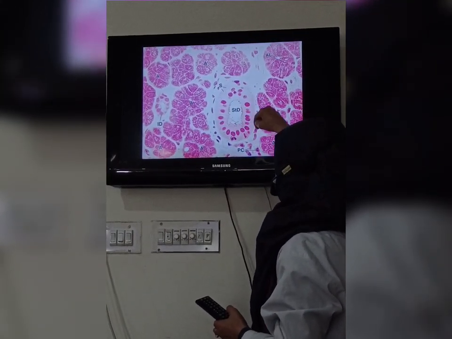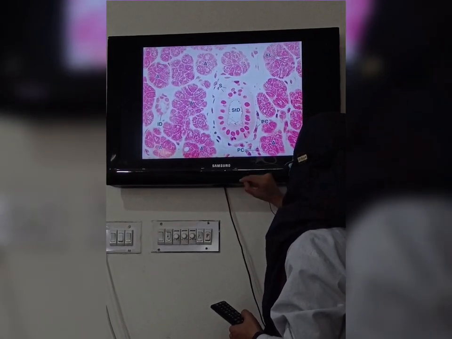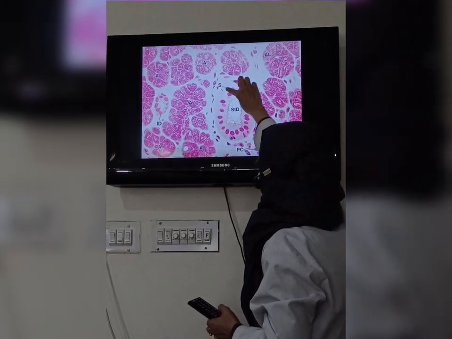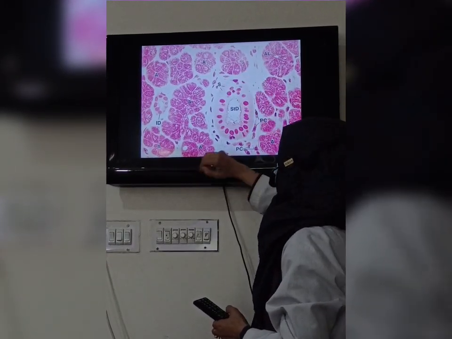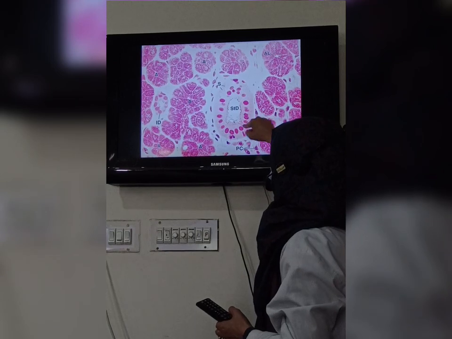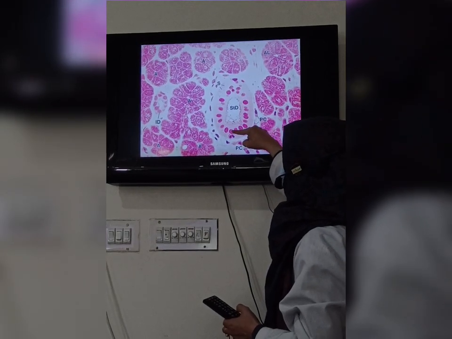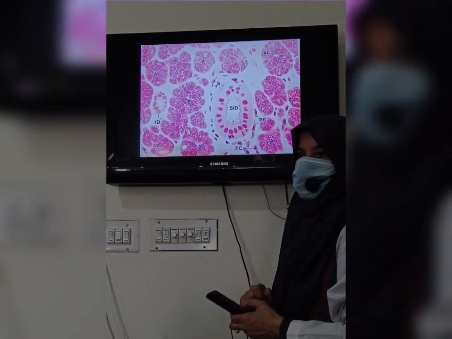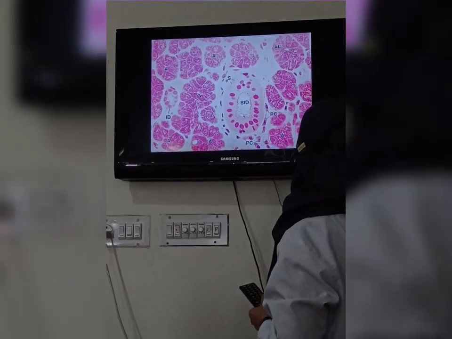What happens in the striated duct? Due to the presence of basal striations, which we discussed, the nuclei of all these cells are pushed towards the apical region or towards the center. Usually, the nucleus is located basally. Can you see?